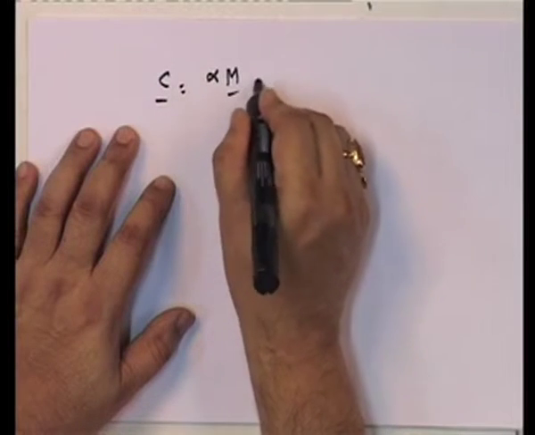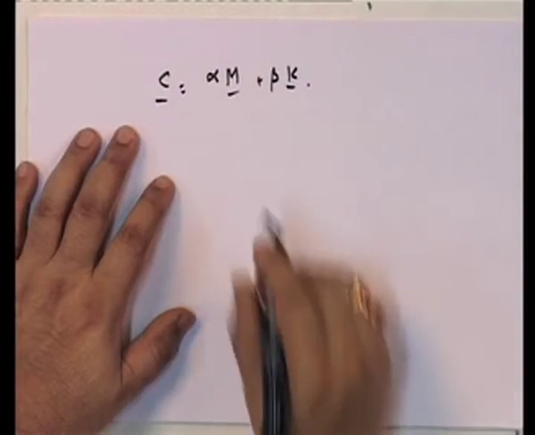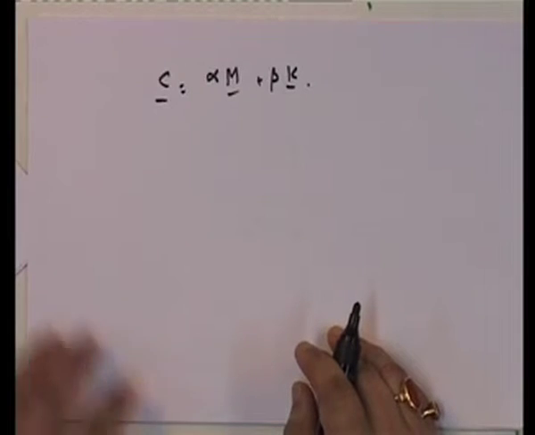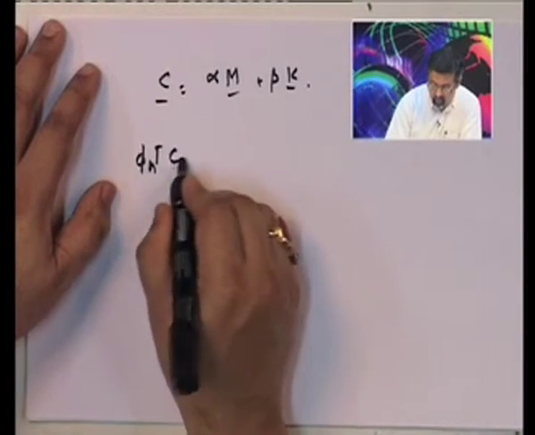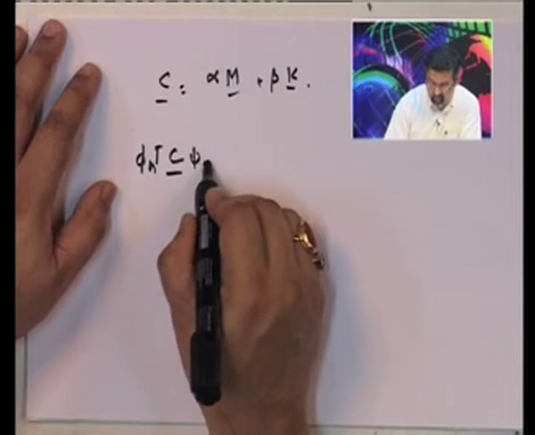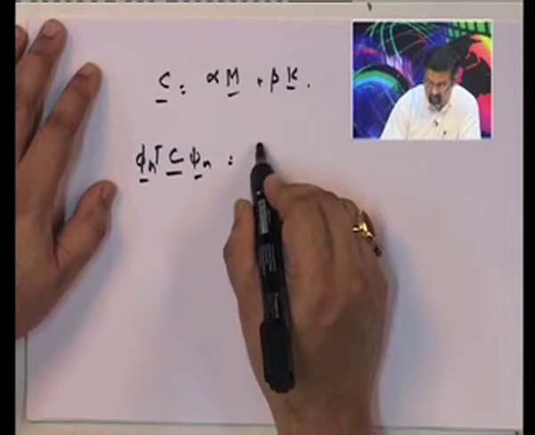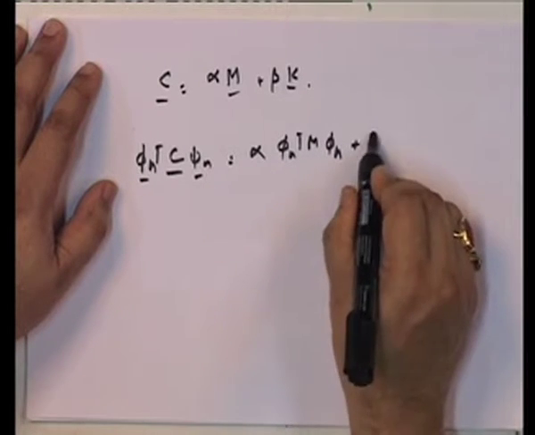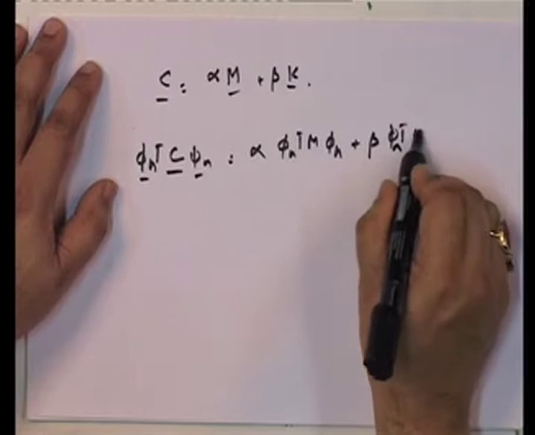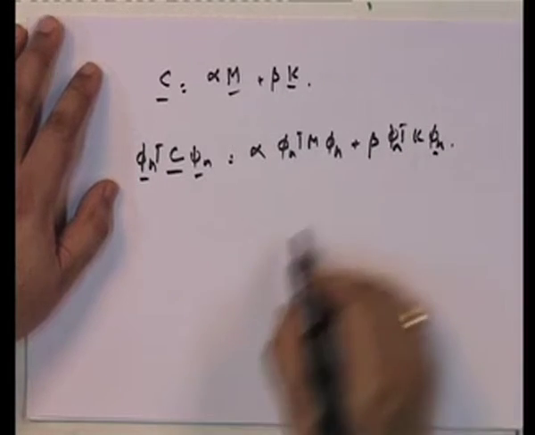So, now let us look at Rayleigh damping. Rayleigh damping should solve that problem, right, because it is a linear combination of the two. So, let us see what happens. Phi n transpose C phi n is equal to alpha into phi n transpose m phi n plus beta into phi n transpose k phi n.